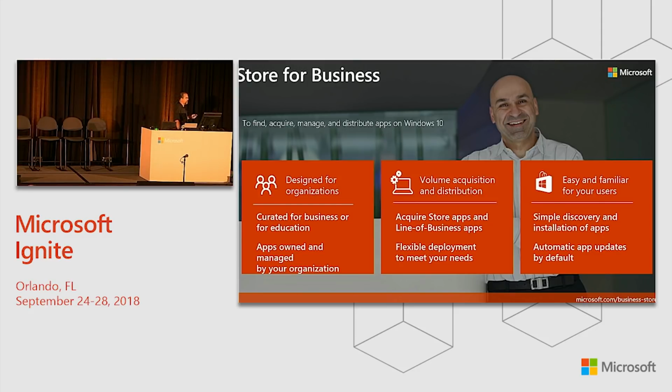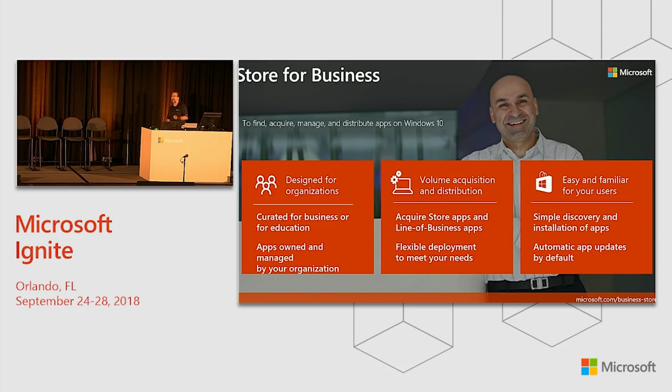At the same time, you can also do volume purchase programs within the Microsoft Store for Business and provide some of these ISV applications to your users on a per-user basis.